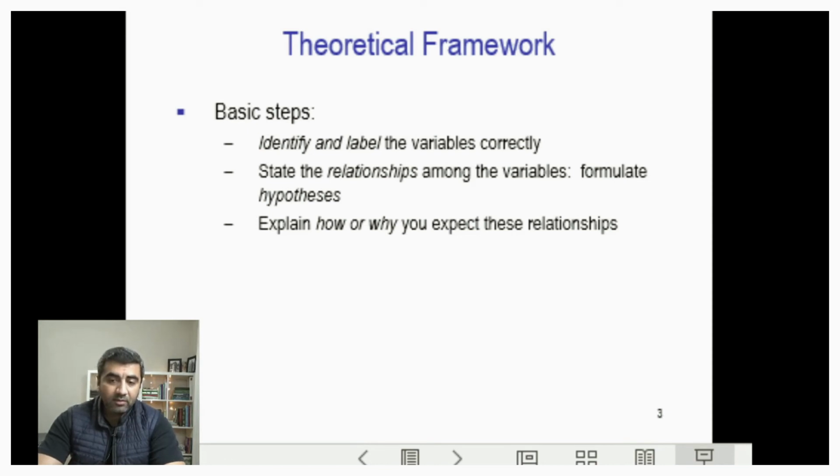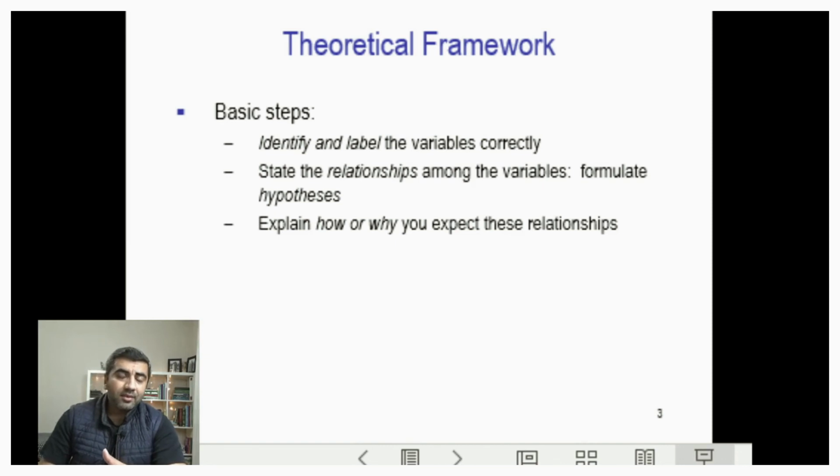And that's one of the reasons why it is very important that our model is based on a very sound theory.